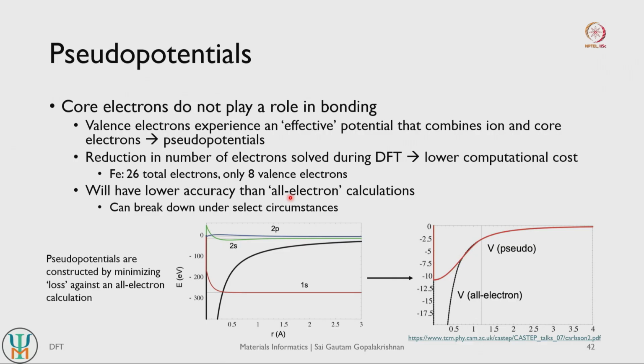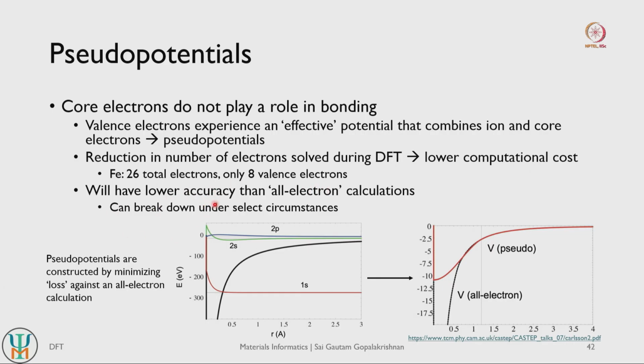So you are reducing the number of degrees of freedom that your iron atom has, and hence the ability for you to reach your true ground state wave function is lower compared to what you had before, and hence just using the variational principle we will have lower accuracy compared to an all electron calculation where you model all the electrons explicitly.